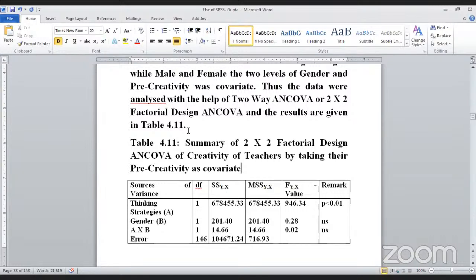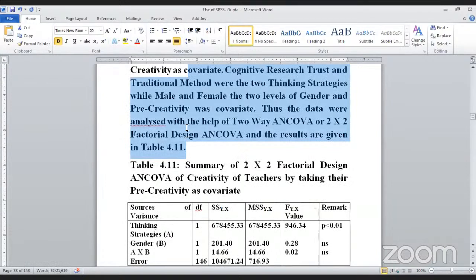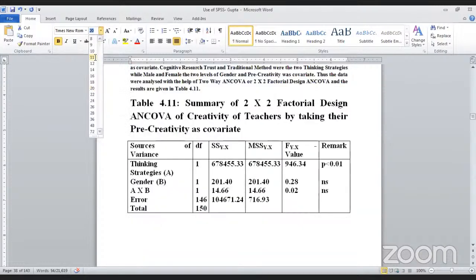So this is the heading. So let me just make a little space here. Okay.